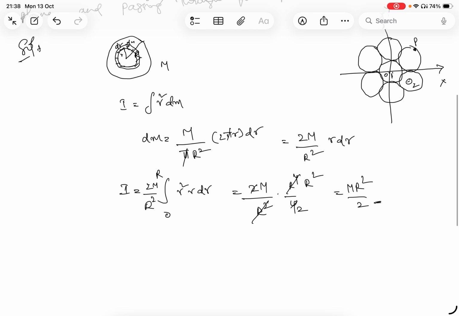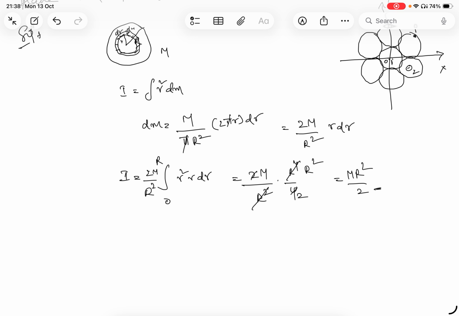The parallel axis theorem states that the moment of inertia about an axis parallel to the centered axis is I equal to I naught plus m d square, right? This I naught is about the centroid, and if we need to figure out an axis parallel to that centered axis, we need to use the parallel axis theorem, right?